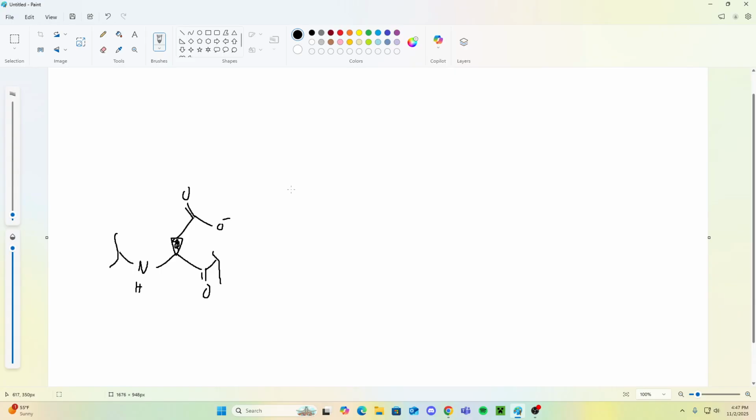But I would say the best way to possibly draw this is starting with that enzyme base and knowing that this is going to be a hydrolysis reaction, kind of drawing this out in solution.